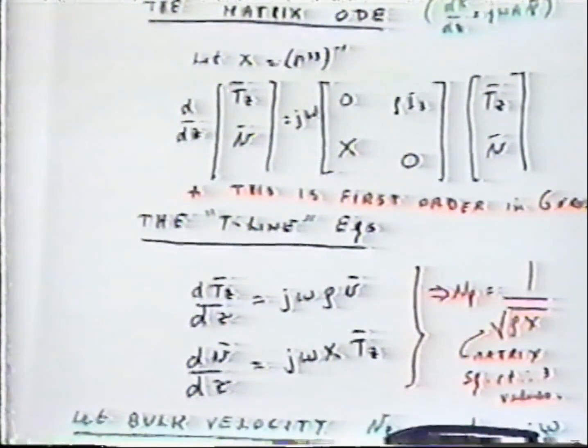What is the transmission line equation corresponding to this? Does that look familiar?